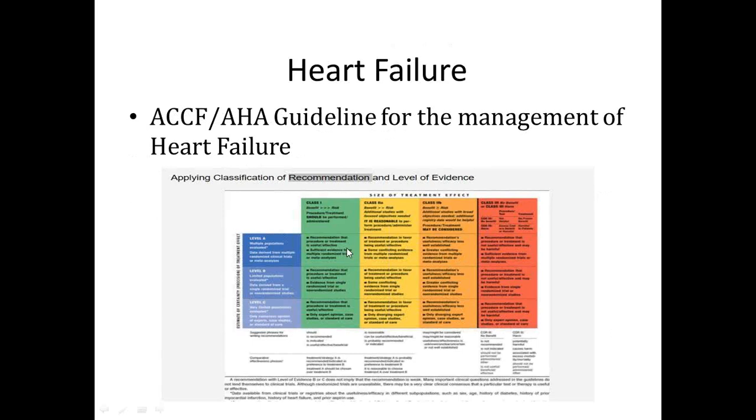So it's a very busy slide where you can't see it, but this makes the point on what I was saying. When you read guidelines, anything in green is a class 1. Green means go. Class 1 has to be done.